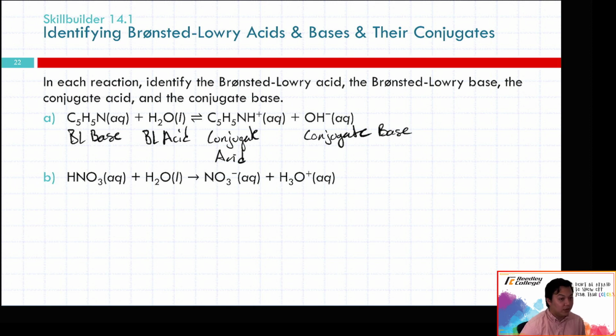This is the kind of question that I would ask. I would say, okay, given this reaction, is HNO3 conjugate acid, conjugate base, acid, or base? So you'd get all four options. So for HNO3, is that our Bronsted-Lowry base, or is that our Bronsted-Lowry acid, or is it a conjugate base? Yeah, Bronsted-Lowry acid.